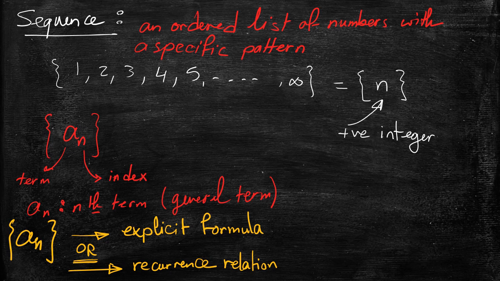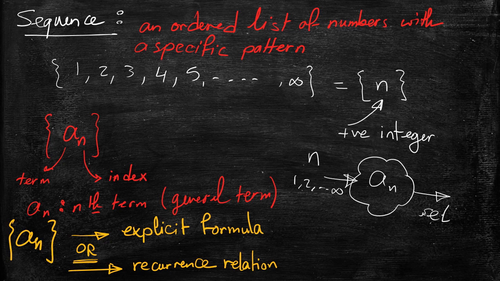So also we can think about this as a function, which is this a_n. This function has some input n, which takes values 1, 2, 3 up to infinity, and then you will get this set of numbers, and this set of numbers we call my sequence.